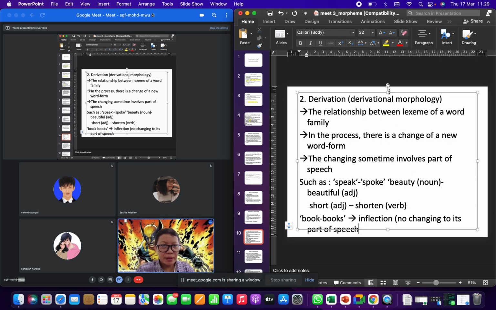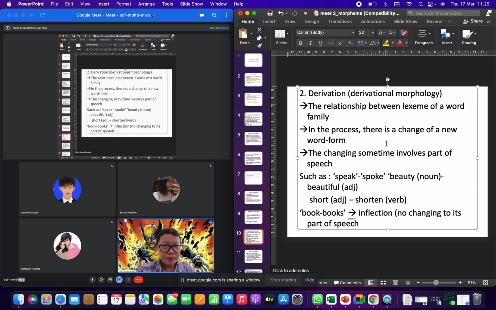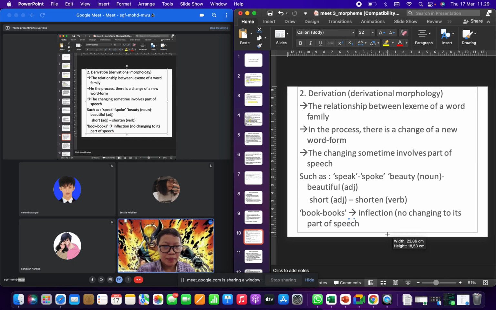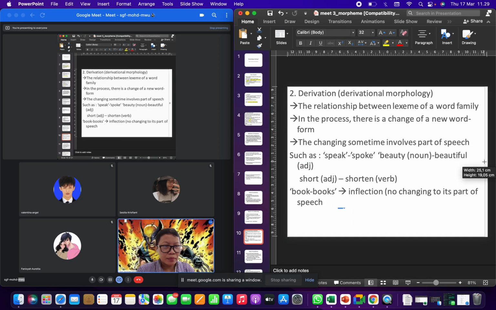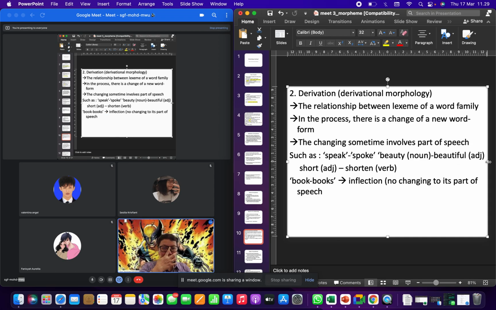But okay, wait up. There is no change to its part of speech, so it becomes inflectional. But let's see here, we are going to see its meaning.